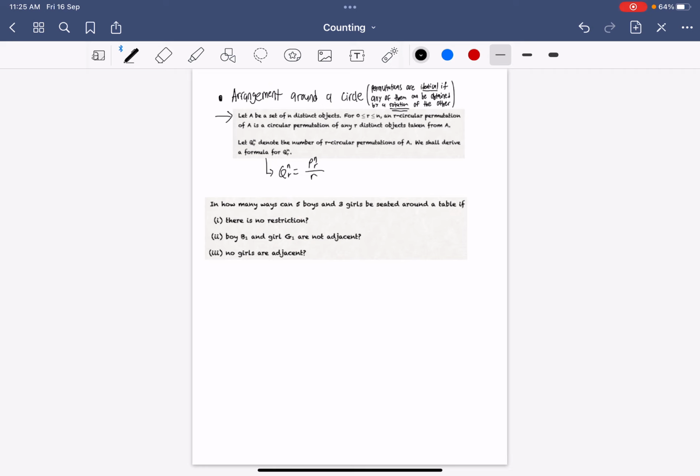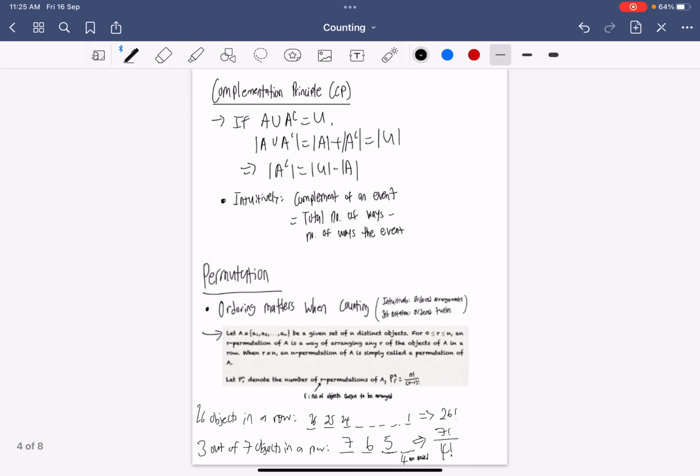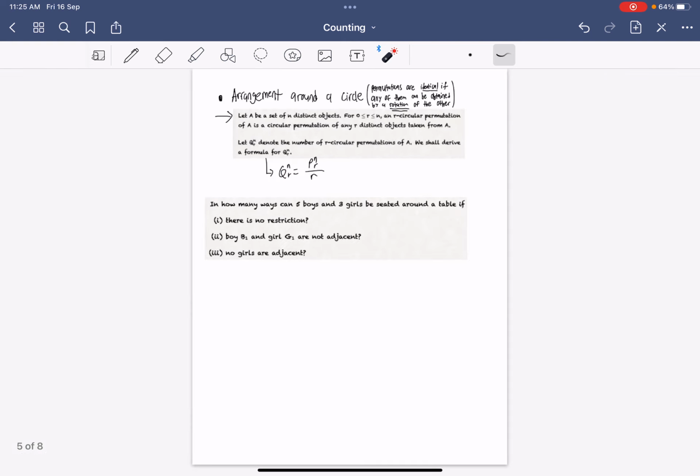Moving on, we can work on something a bit more complicated, which is the arrangements around a circle. So in our first case here, we arrange them in a row, also known as the linear order. For the arrangements around a circle, let's say we have n objects over here.